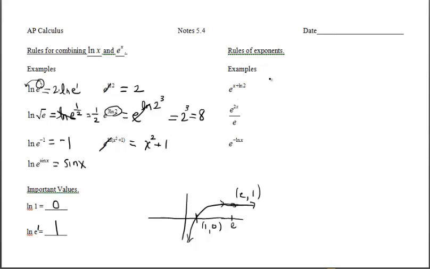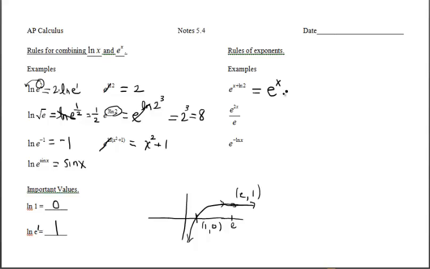Let's look at rules of exponents, something else to consider. What can we do with these expressions here? Well, they're telling me that I'm adding two things together for my exponent on e. I know you didn't see this property in this way in previous classes, but this is what this means.